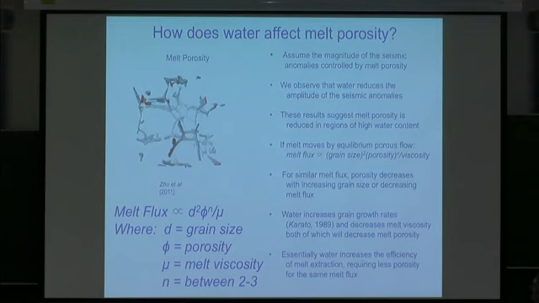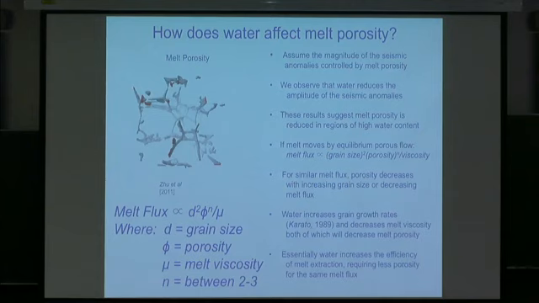So if we assume a very simple idea of Darcy's law melt flux, which is proportional to the grain size squared, the melt fraction to the n, divided by the melt viscosity.